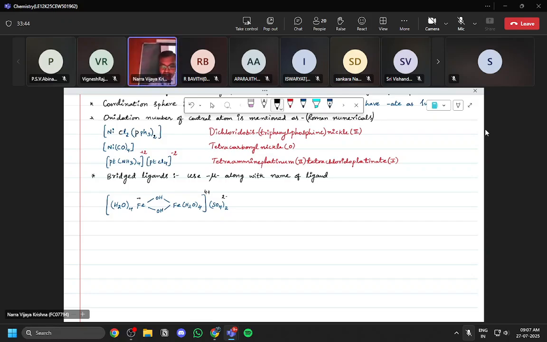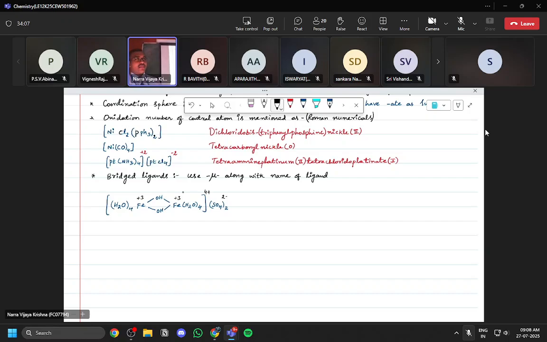This iron is +3. This is also +3, correct? Water is neutral. So both irons put together +6. 2 OH minus ions. Total left is +4. Water is a neutral molecule, so the charge from water molecules is 0.